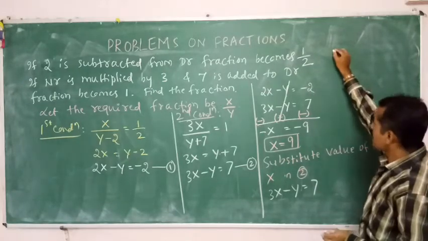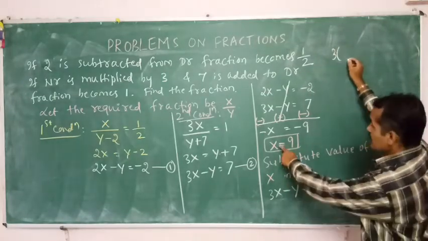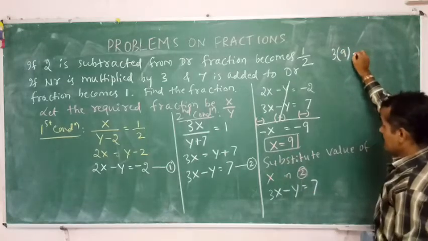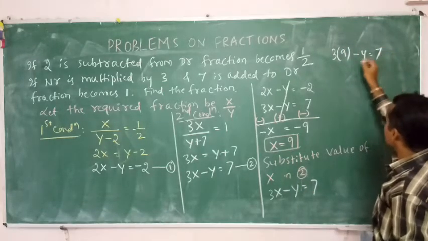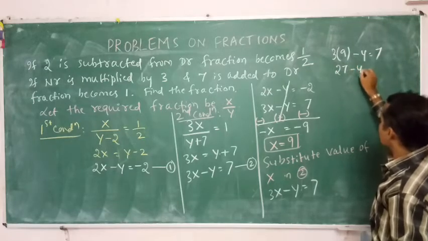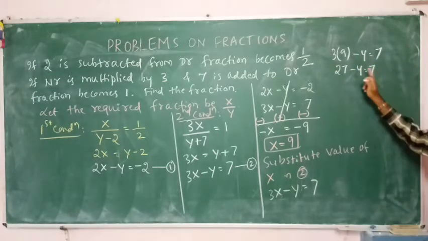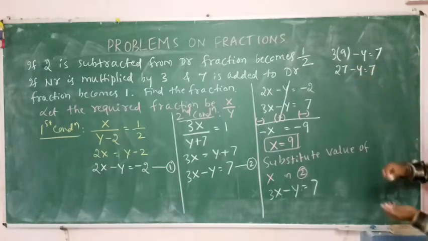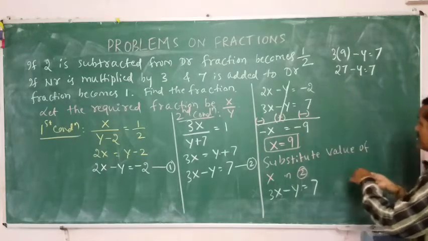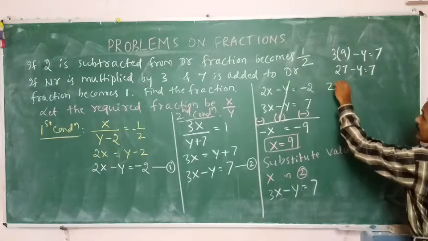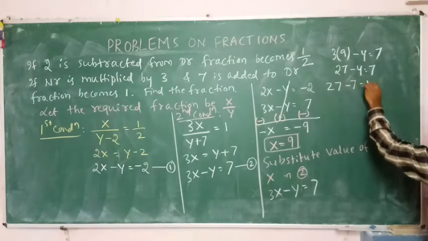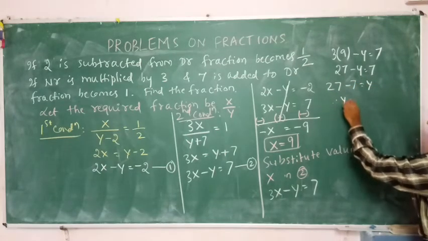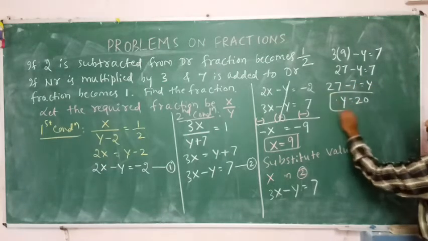Let me continue here. 3 into x, which is 9, minus y equals 7. 27 minus y equals 7. Minus y can be shifted to the RHS, 7 can be shifted to the LHS, and you can say it is 27 minus 7 equals y. Therefore, y equals 20.